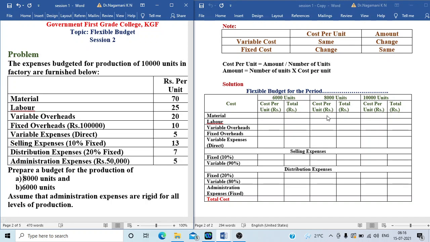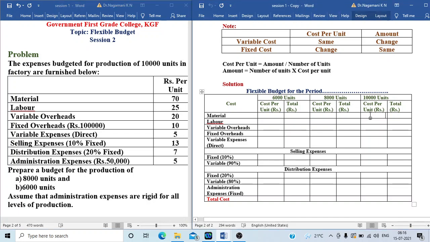So I am going to prepare flexible budget for 6,000 units, 8,000 units as well as for 10,000 units. First, what is the base given for 10,000 units? First we need to fill that 10,000 units. Here cost per unit is given, that we are going to enter first.